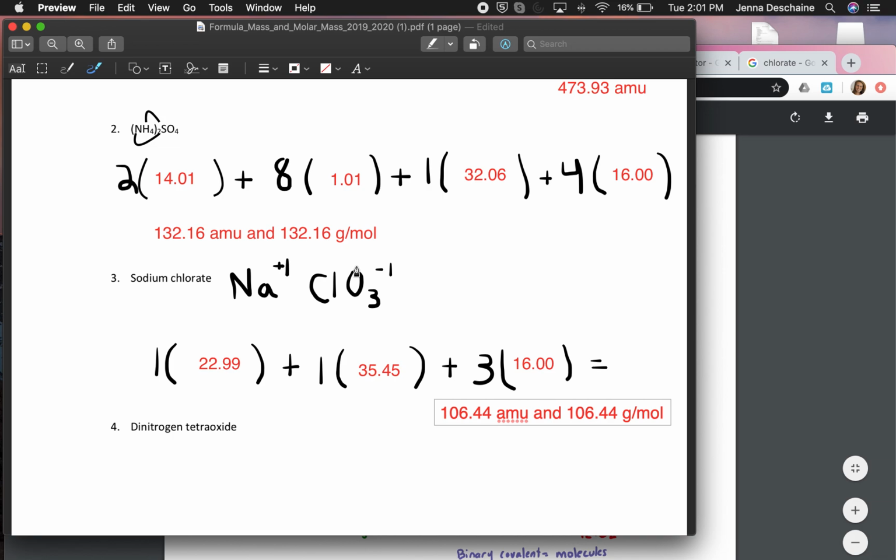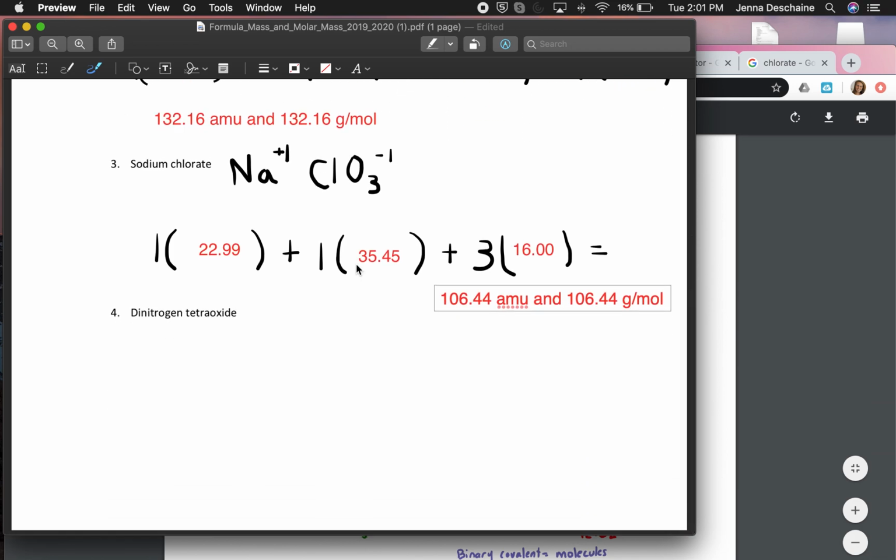Okay, so let's go to the very last problem, dinitrogen tetroxide, okay? This is a very nice compound because it tells you how many atoms that you're going to need. Remember, covalent compounds, we name them using prefixes, so this is very helpful. You don't have to do any balancing of the charges. You can kind of just go at it right away, right? So nitrogen, 2 nitrogens, so that's dinitrogen.